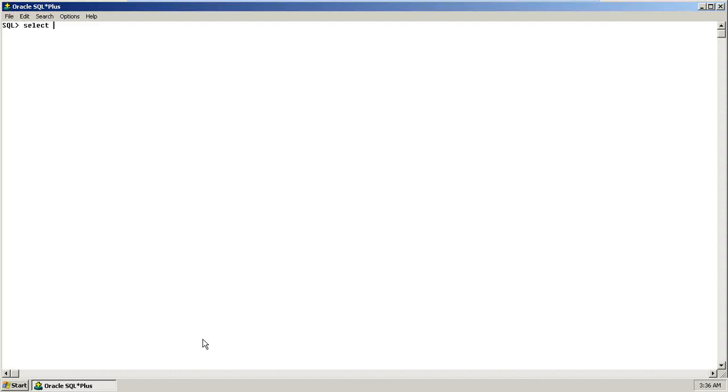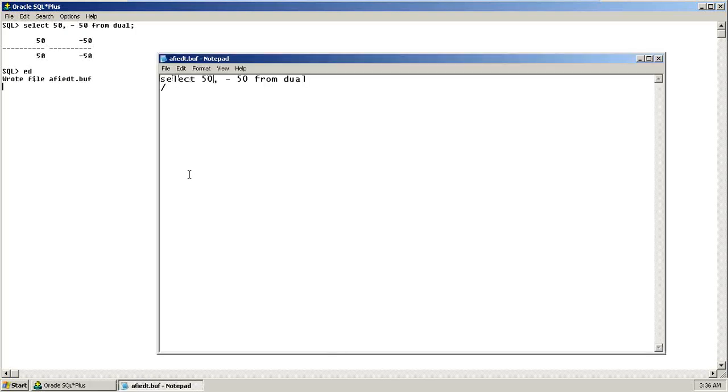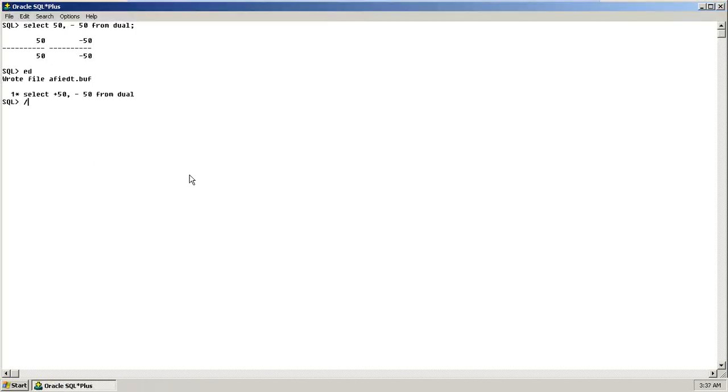So generally 50 is a positive number. Okay, this is 50. This is minus 50 from dual. So how does it return? It returns like this, right? This is a positive number, this is a negative number. Even though you use the symbol plus, this is positive, this is negative, same.